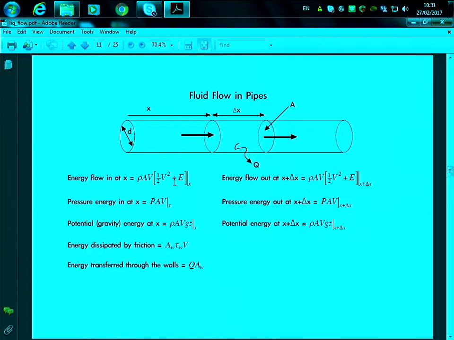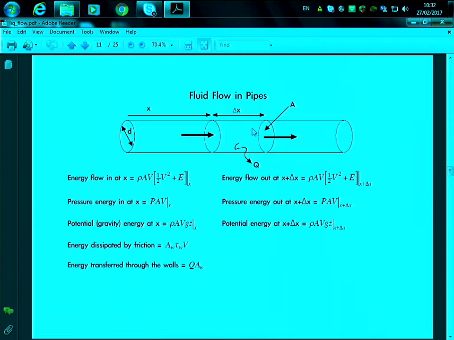The energy flow out of the system, what is going out in here, will be again the same, the mass times the velocity that we have in here and the internal energy of the system. Here, I think in these slides, we refer to the internal energy as E, and previously, when we were looking, we actually referred to it as U. So you can change that and put it as U. I think in your handout, I also refer to it as U. So it just depends on the convention.